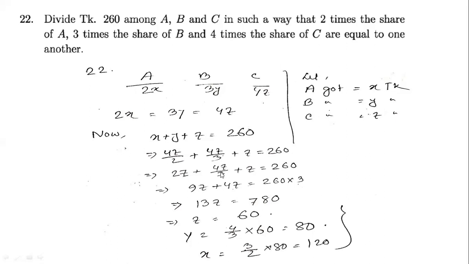Then 3 into 2 is 6, and 6 plus 4 is 10, plus 3, so 13, because 3 will be multiplied with this, and then you will get the value of z. And y, with the relation of z, is y equal to 4z by 3, so 4 by 3 into z. And x is in relation with 4z by 2, that is x equal 3 by 2 into z. Then this is our required answer.